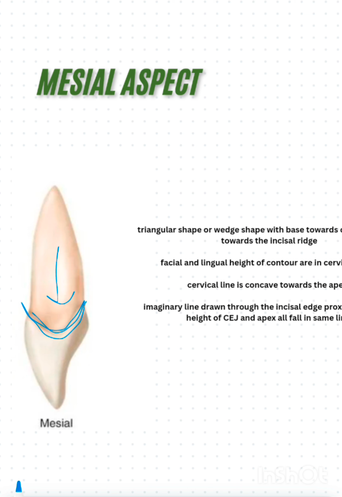Now if we draw an imaginary line through the incisal edge at the height of CEJ and apex, they all fall in the same line.